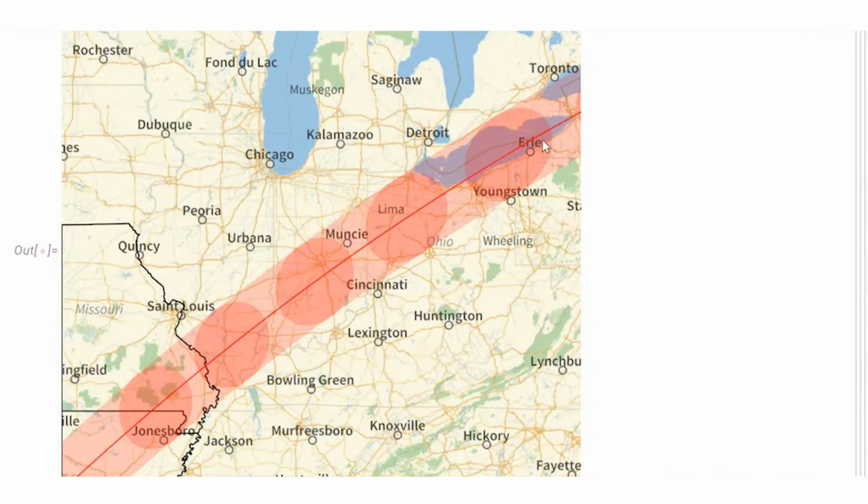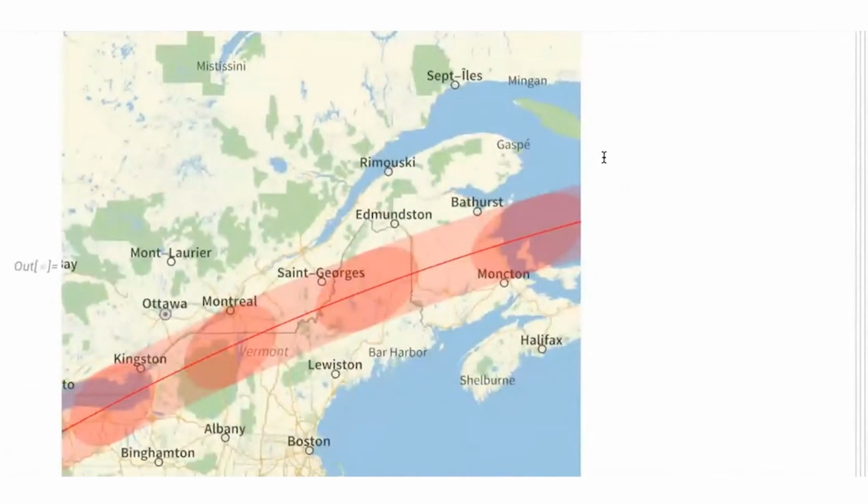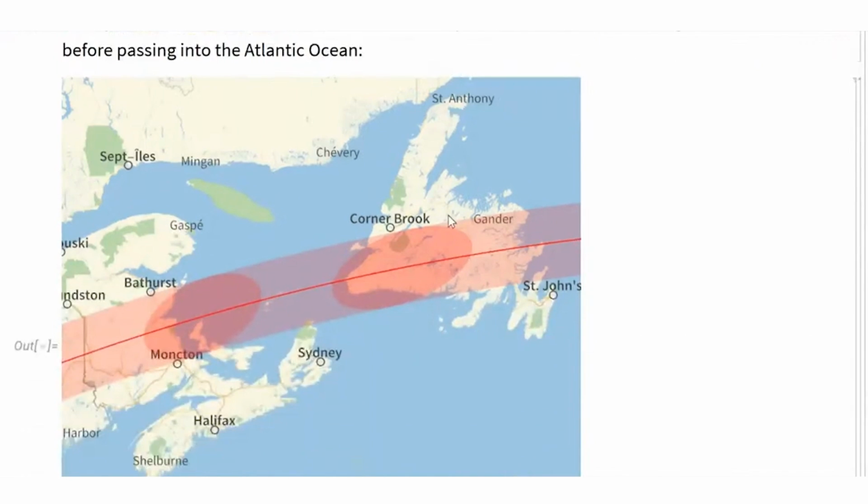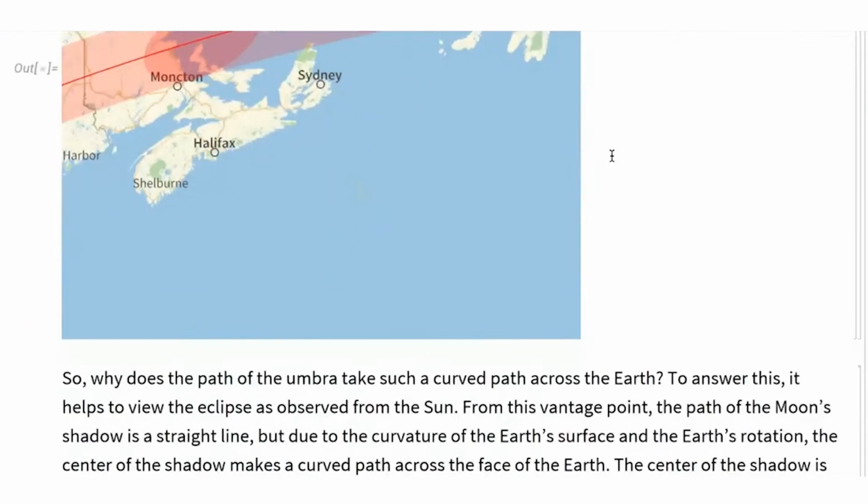Eventually it crosses Lake Erie, continues into Maine, and into far southeastern Canada. Toward the very end it goes into Newfoundland, and you can see how elongated the ellipse representing the umbra is. It's very distorted because at this point the shadow is making a very glancing angle with the Earth. So that's the progression of the path that the shadow is going to make across the Earth.